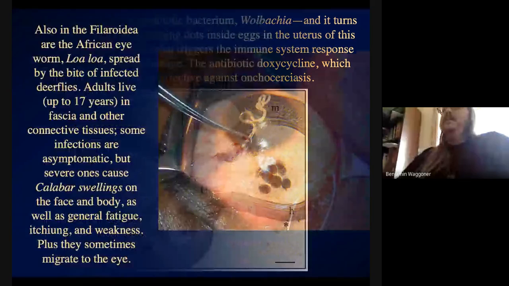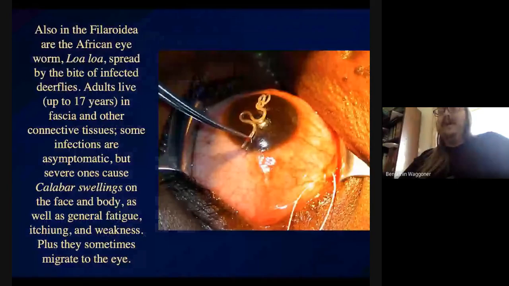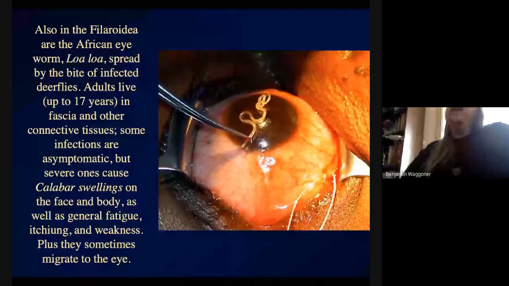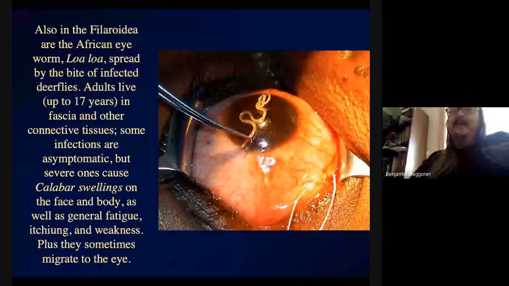We might also mention the African eyeworm, Loa loa, that's spread by deer flies. The adults of this species don't live in lymph nodes. They live in connective tissues, specifically in fascia. That's the sheets of connective tissue that hold your muscles together.